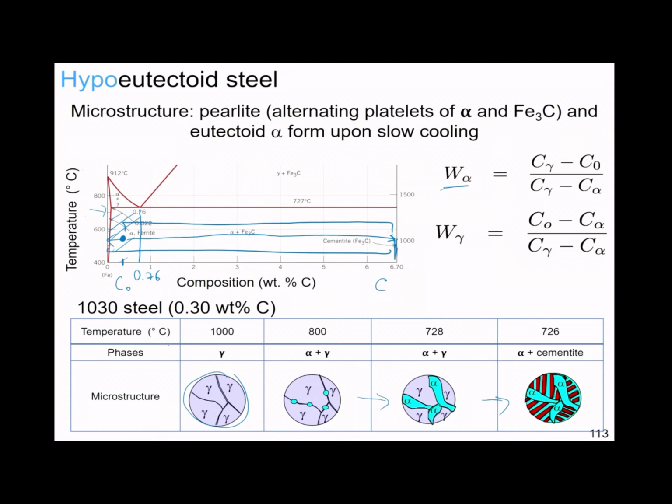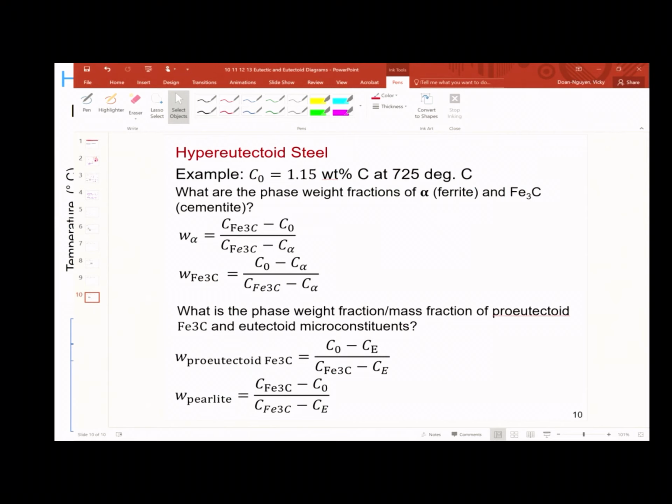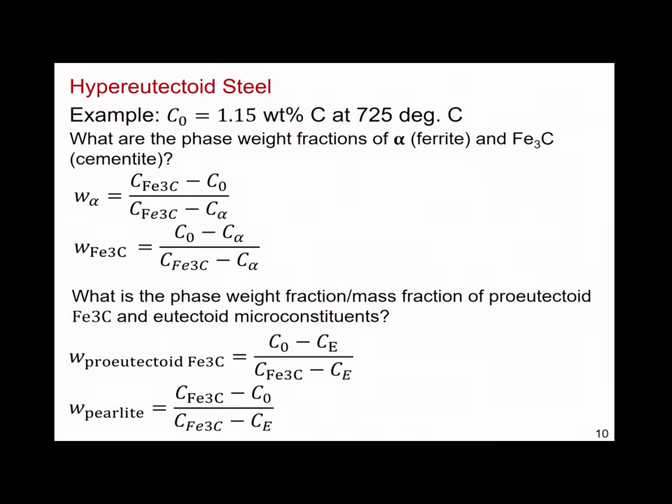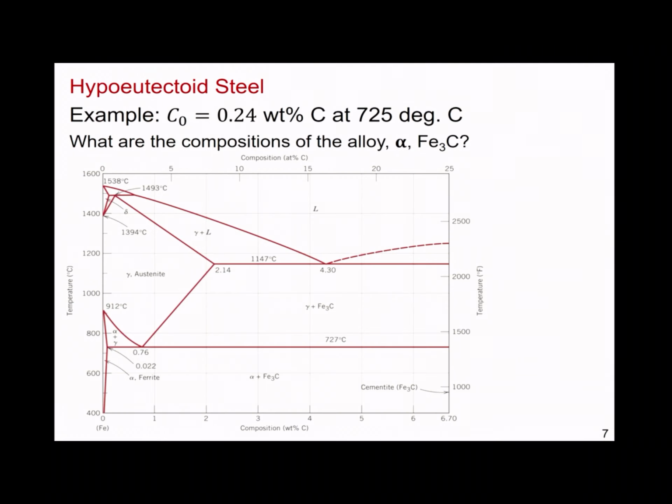Okay, so I think we should probably do an example to actually practice that. So let me go to that example. This is hypo. So let's go to the example in the supplemental PDF.